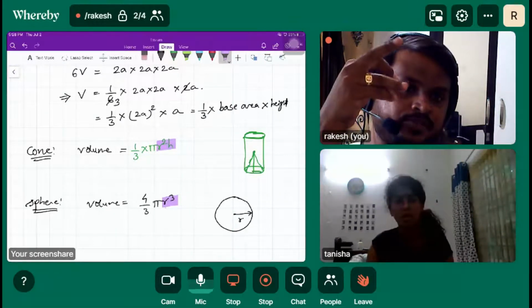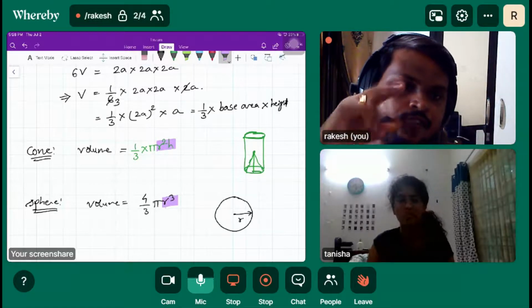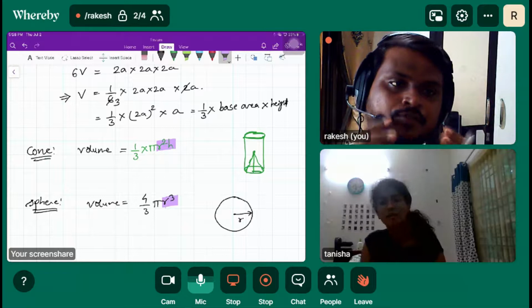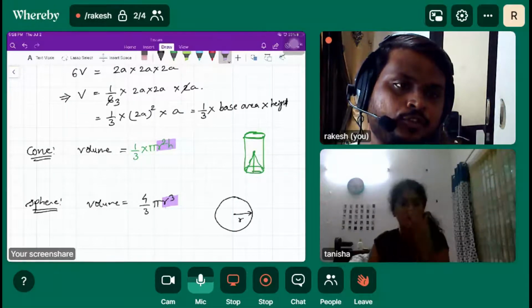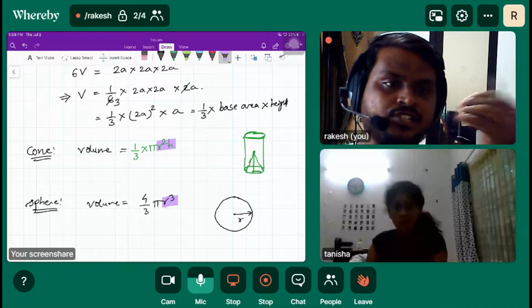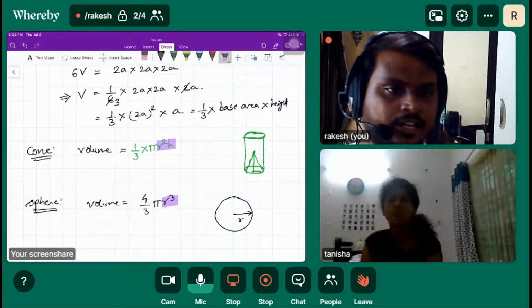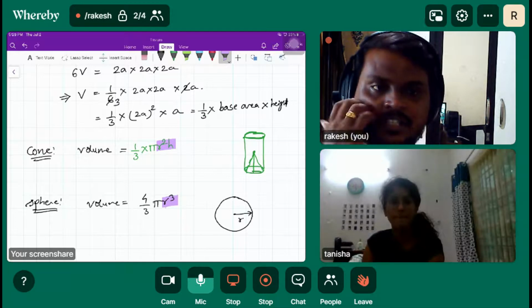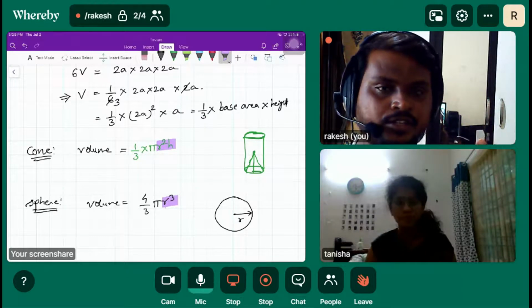R cube, three dimension. Are you getting r into r into r? Since we have a three-dimensional object, every time to figure out the volume, we use three-dimensional values inside the formula, right? That's why it gave us centimeter cube, meter cube, or unit cube, right?